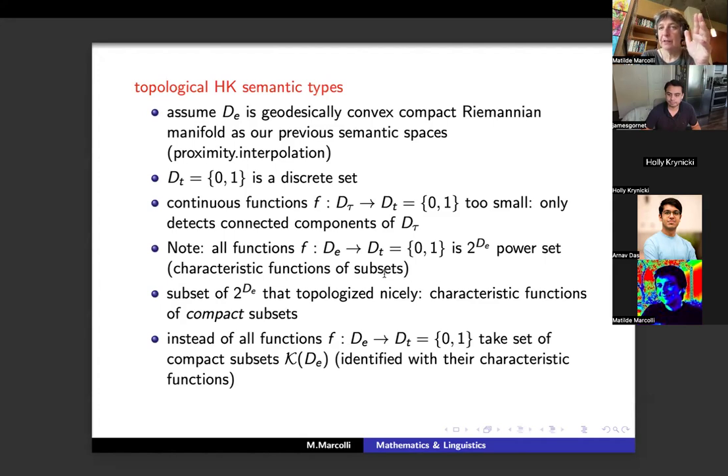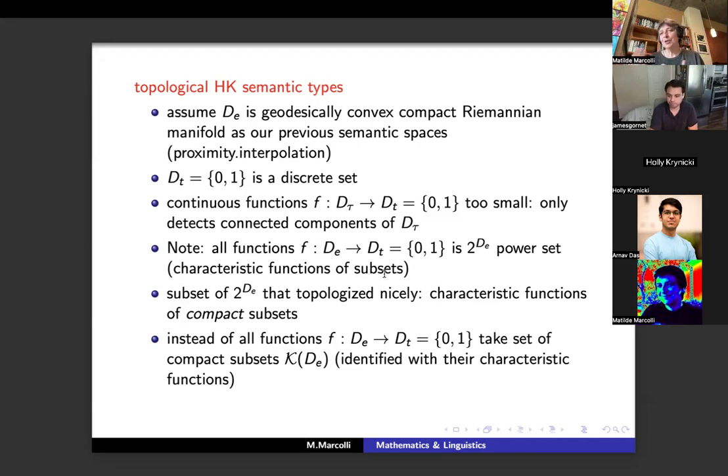But the next step is that you want to take functions from this set D_e of individuals to {0, 1}. Of course, now we're trying to make topological spaces, so the natural requirement is that these will be continuous functions.